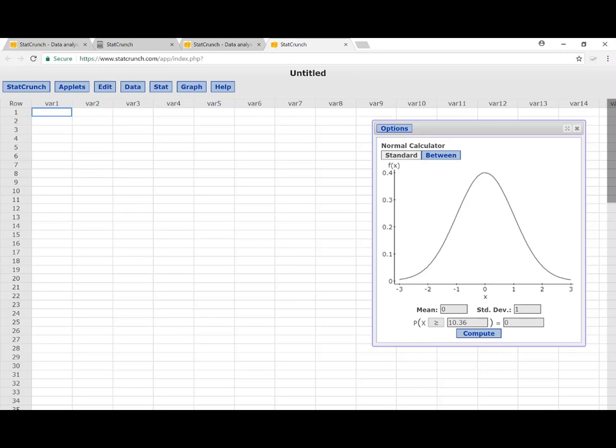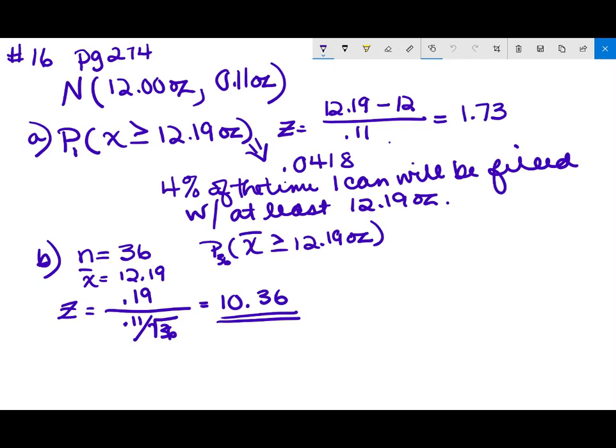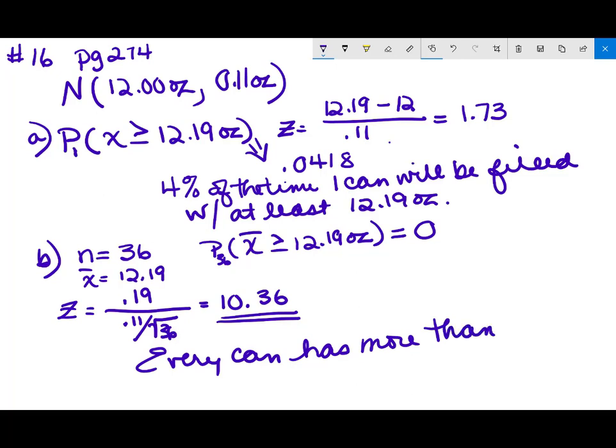In other words, the area beyond where we're looking, there is none. That probability is 0.